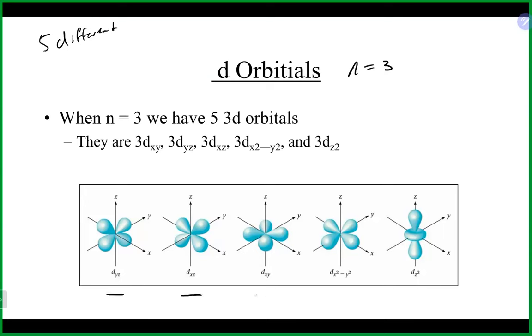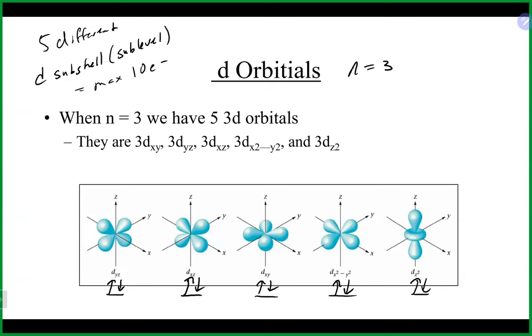And since there are technically 5 different d orbitals, each one of these can hold 2 electrons. And that means that if you fill up the d subshell or sublevel, you can max out at 10 electrons, right?